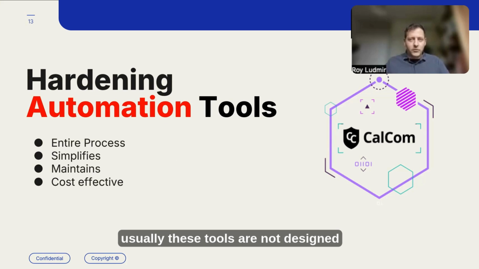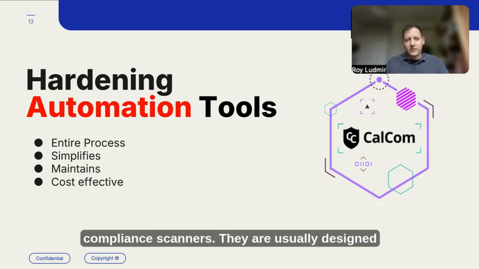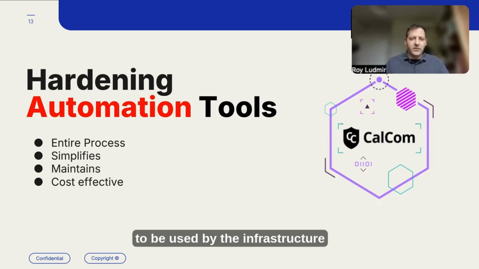hardening. And usually these tools are not designed or not used by the security teams, like the compliance scanners. They are usually designed to be used by the infrastructure operations teams that are managing the servers in our case.